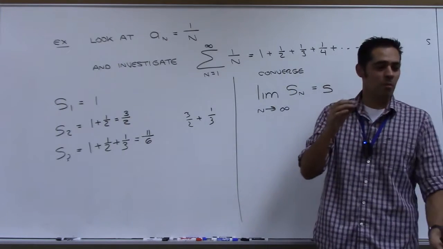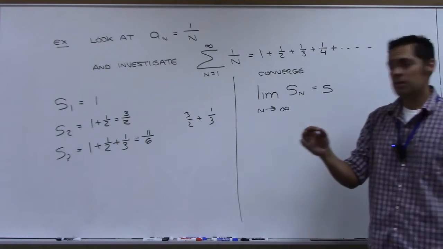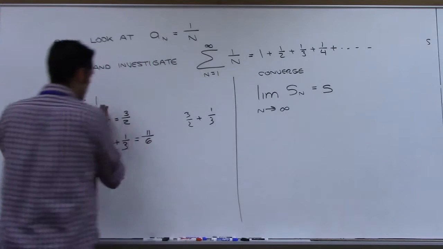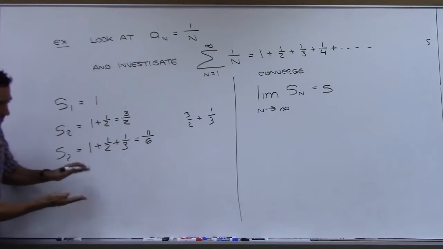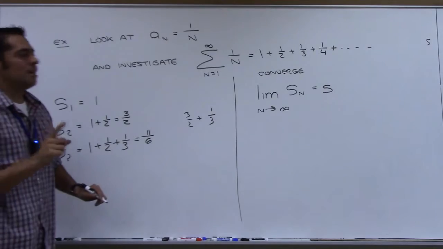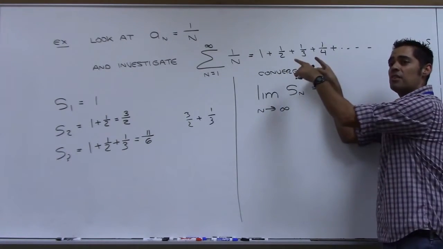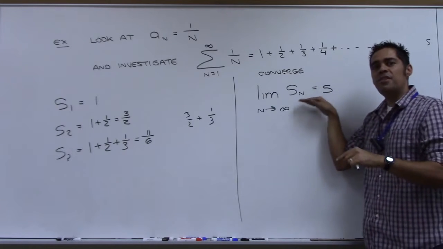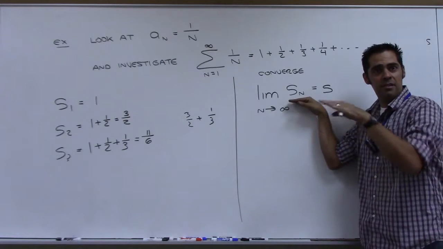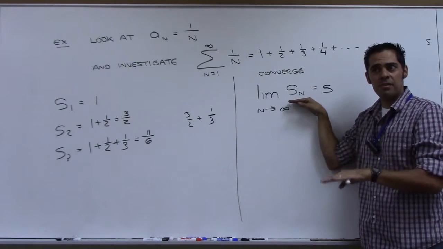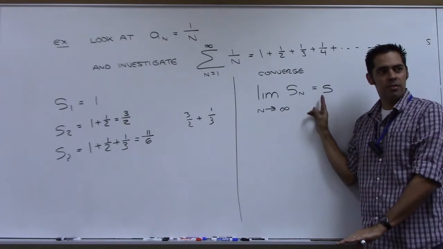What we've created, though, does anyone see what we've created over here? A sequence. And what this is saying is for the series to converge, the sequence we create of partial sums must converge.